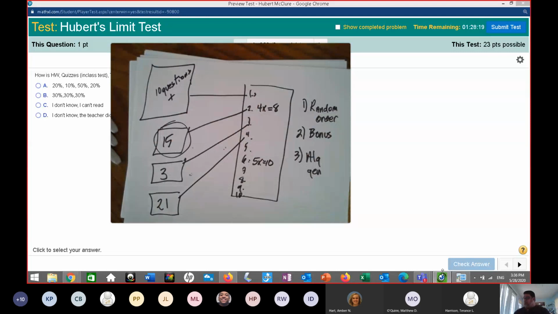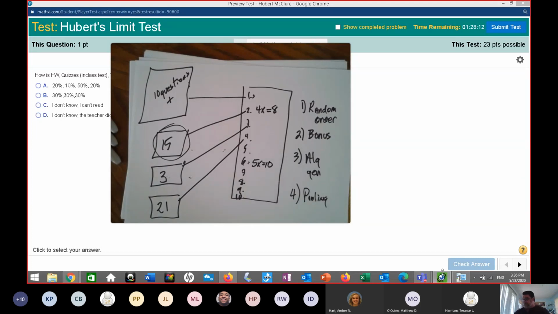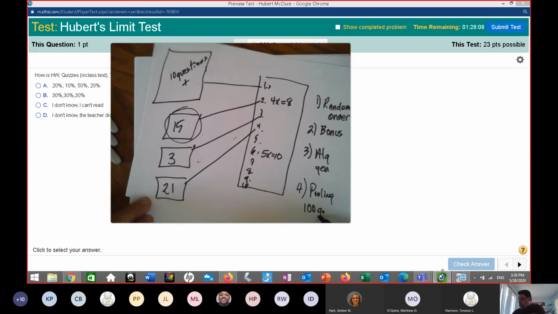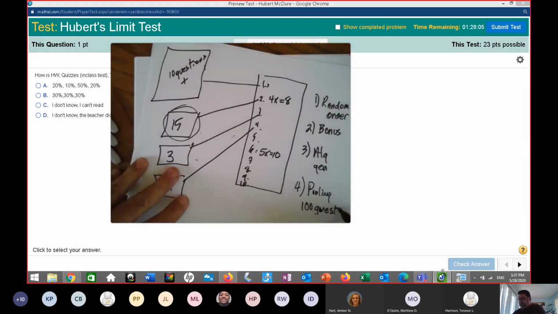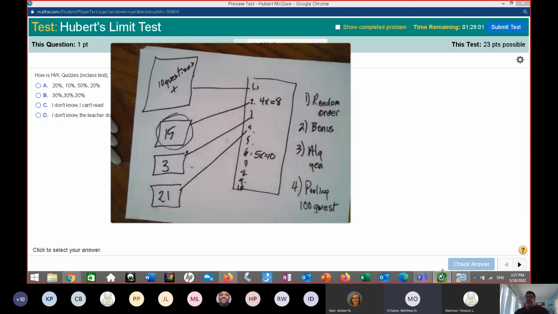So it's going to algorithmically generate. And then for number 4, you're pulling from at least 100 questions. So what's the chances of you pulling up the same test? About the same as finding identical snowflakes.